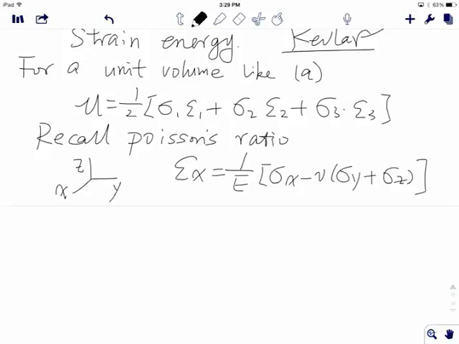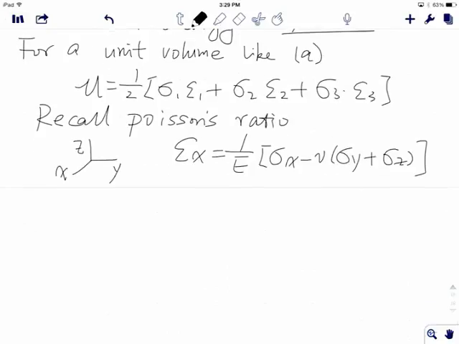We did mention this. When you stretch a rubber band, it's not only going to extend in the direction where your force is applied, but it's also getting thinner. That's Poisson's ratio.